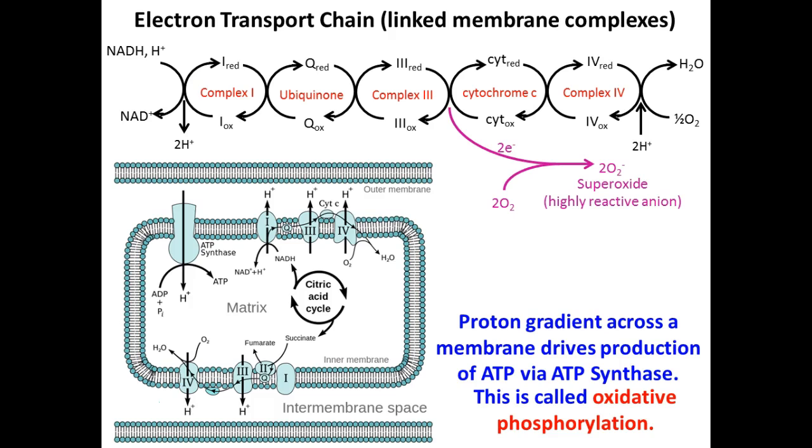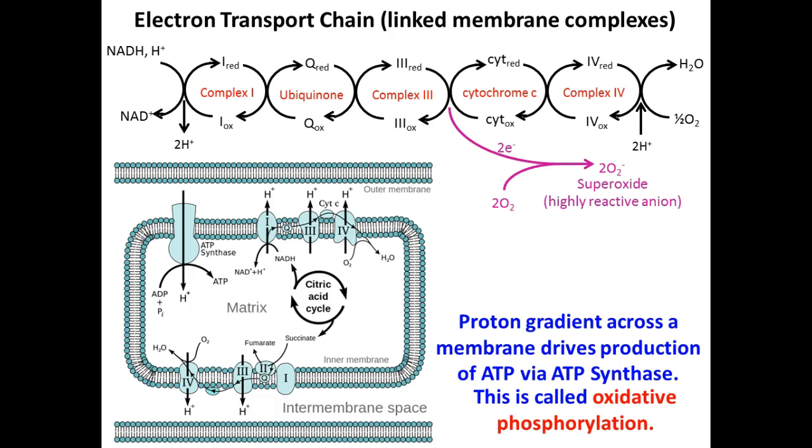One thing that can happen if you have an electron transport chain, and especially if you're in the presence of oxygen, most organisms, as we know, either utilize oxygen or can tolerate it. When they have an electron transport chain, sometimes those electrons can jump ship. And when they do that, they can bind to oxygen in a way that creates a very reactive form of oxygen referred to as superoxide.